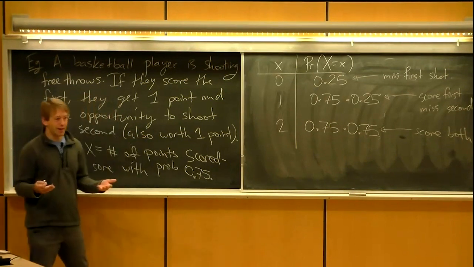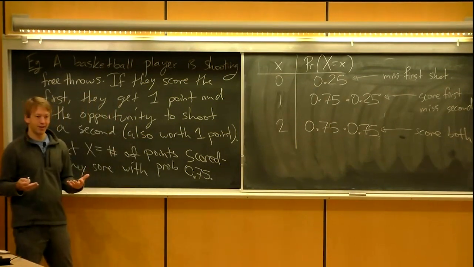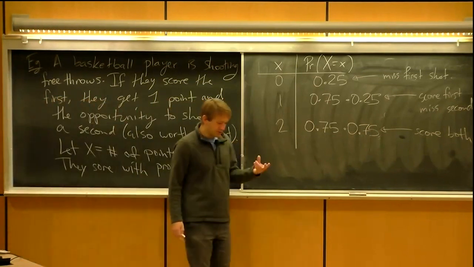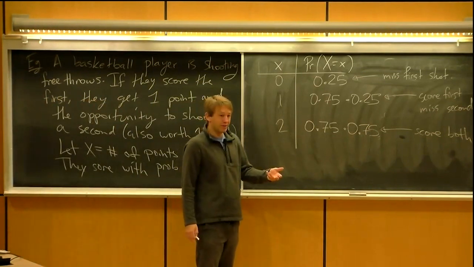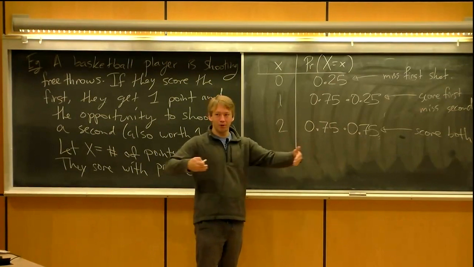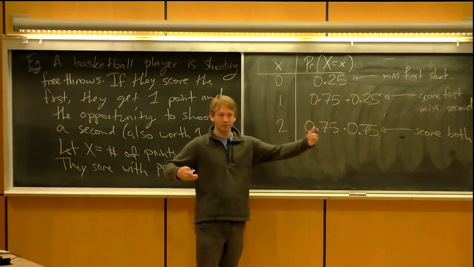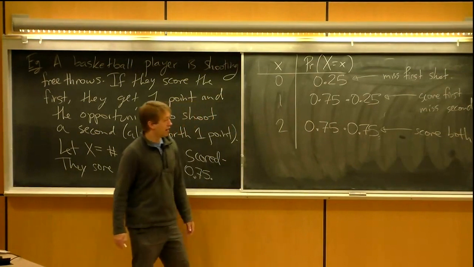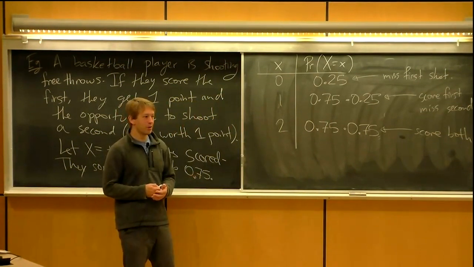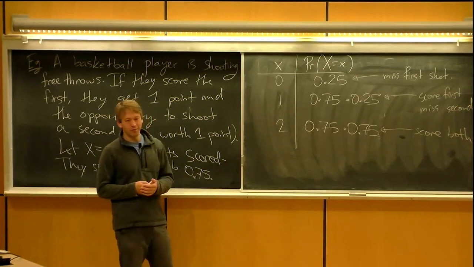So that would be an example of an infinite random variable, right? Because even though the probability of that person scoring 1,000,000 times in a row is pretty small, it's not 0, right? So for any number of shots, there's a non-zero probability that he would hit that many in a row. But we don't need to really worry about that in this course.